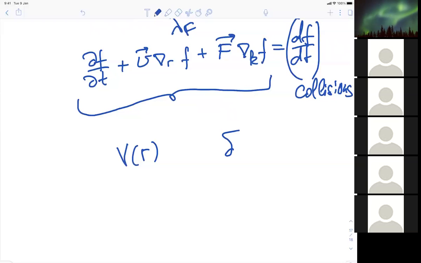So now it's disorder. Now it's the electron-electron interaction? No, now it's disorder. And by disorder, you mean interaction with imperfections of the lattice? Correct. Okay, thank you.